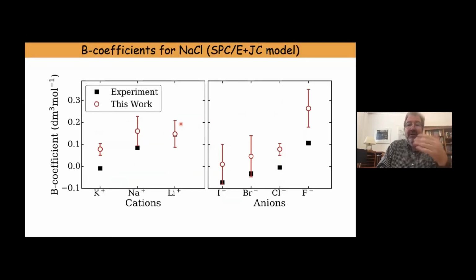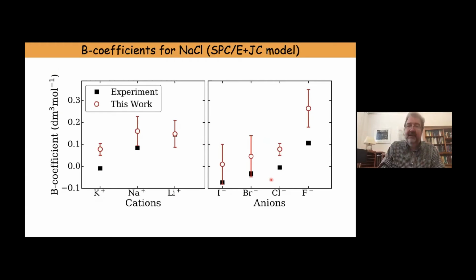If you decompose, which is the way this is done experimentally, the contributions of the individual ions, you find that the B coefficient contributions for different cations and different anions are shown here for the SPC and JC model combination, and you can see visually that for all the ions, these coefficients are too high when you use a fixed point charge model.